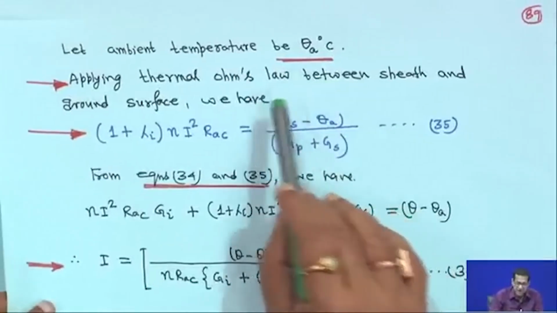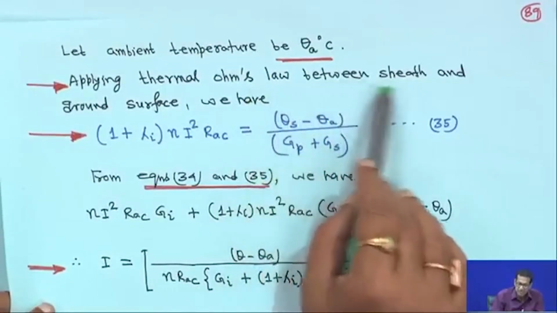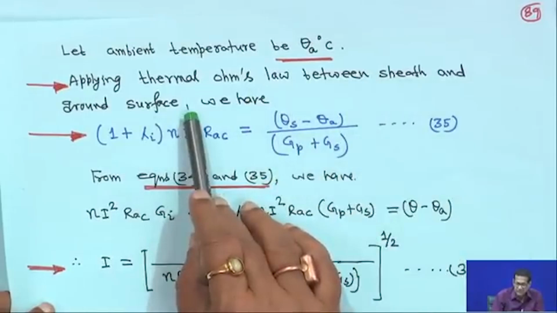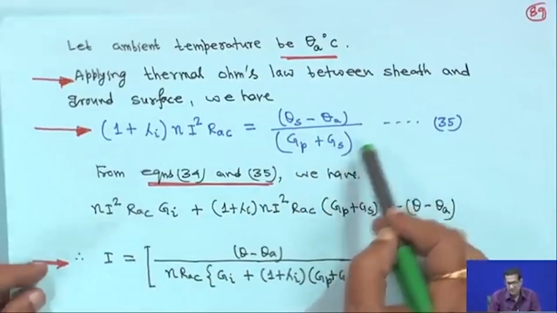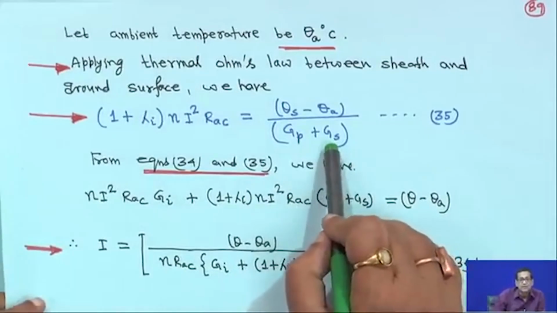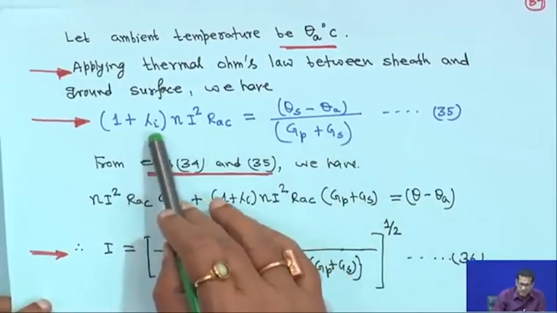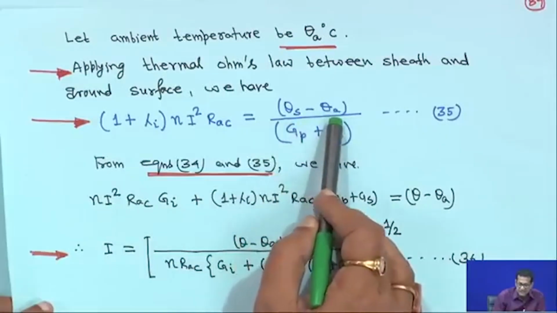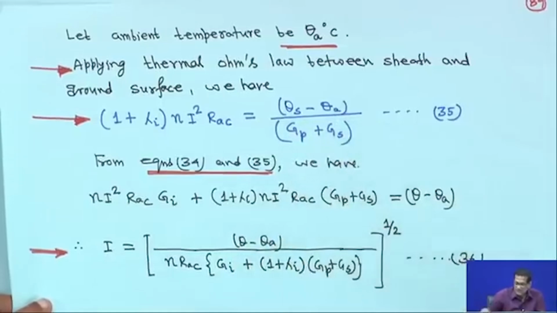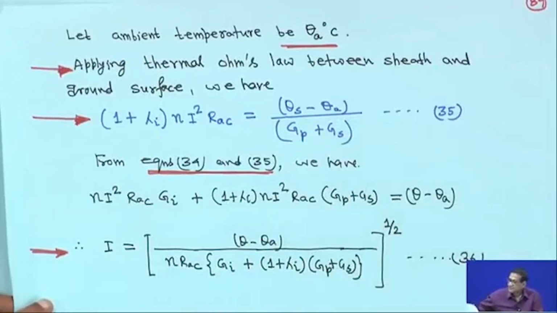Applying thermal Ohm's law between the sheath and the ground surface, where both Gp and Gs are coming, we have 1 plus lambda I, n I square RAC is equal to theta s minus theta a divided by Gp plus Gs.